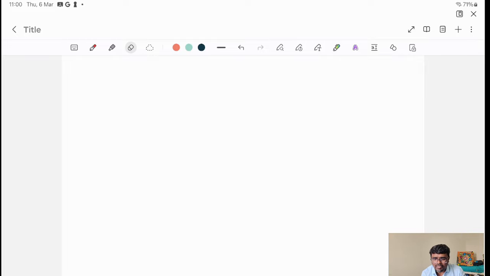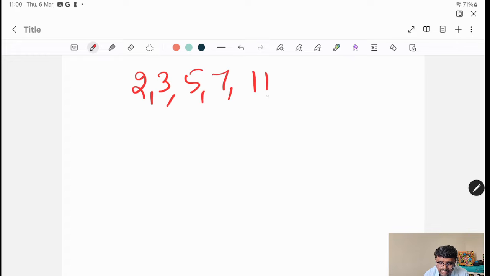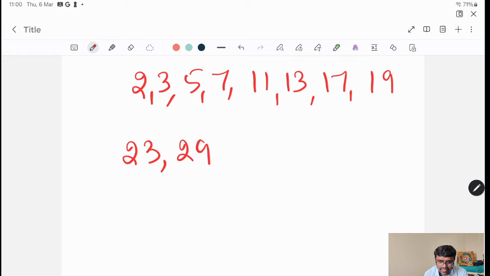There are 25 prime numbers. I will give a simple logic to remember. Let me write them down. 2, 3, 5, 7, 11, 13, 17, 19. Up to 20, there are 8 prime numbers. Then 23, 29, between 20 and 30.